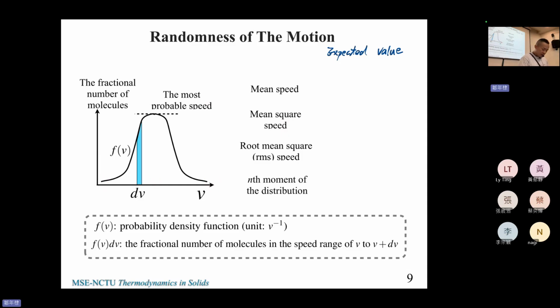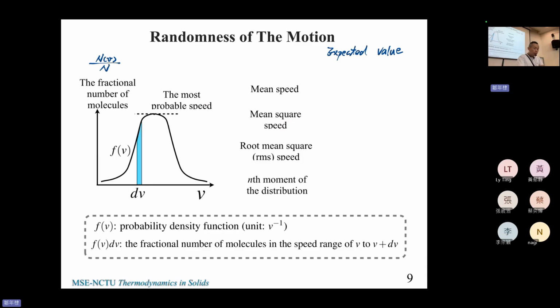All right. Then let's take a look. What is the meaning of the y? Y is very similar to population, but it's not population. It's the fractional number of molecules. It is the function of V number over total number.